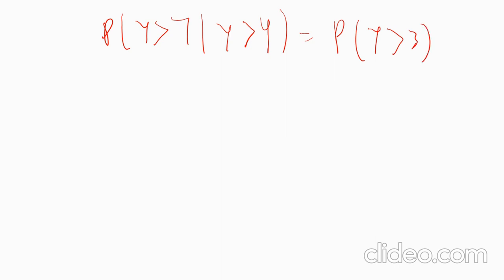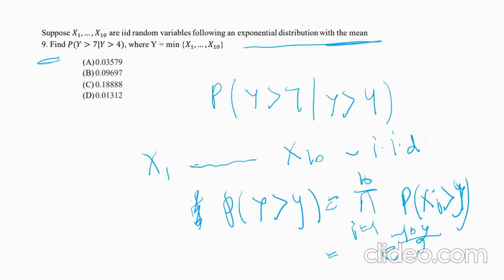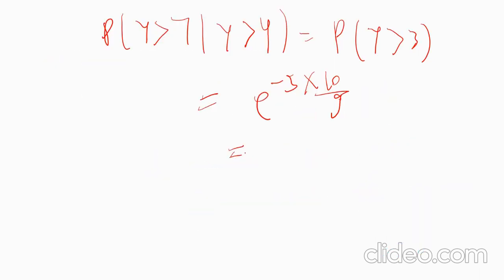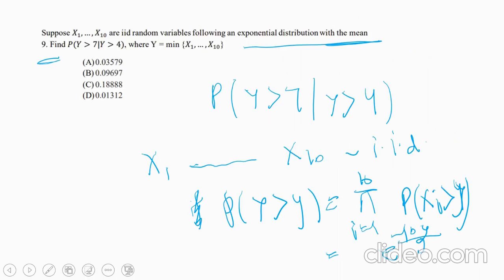So probability of y greater than 7 given y greater than 4 will be equal to e to the power minus 3 into 10 upon 9, because 3 will be the difference, and then it will be e to the power minus 3.33, and that one will be 0.0357. So this one will be the answer.